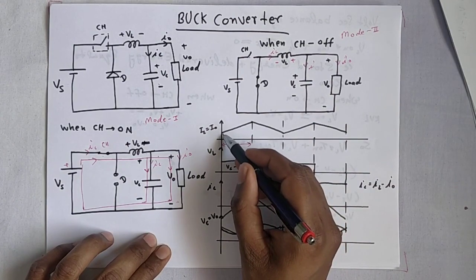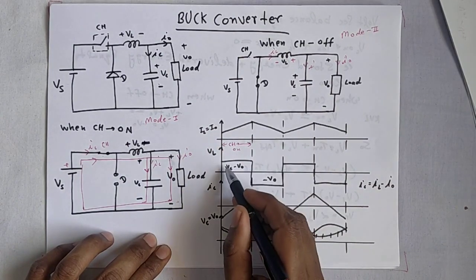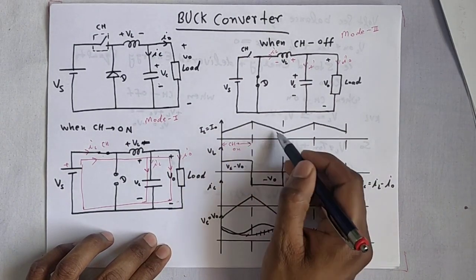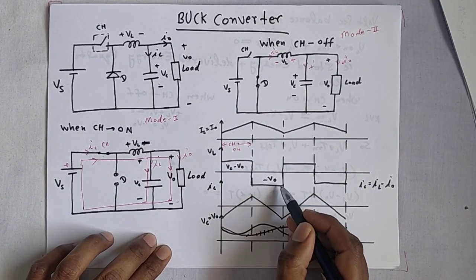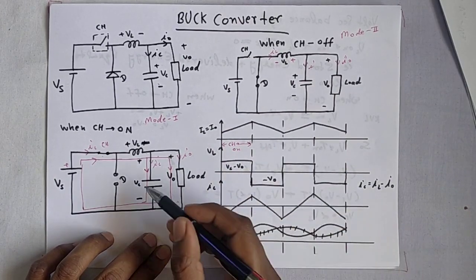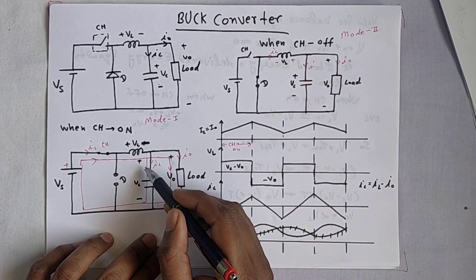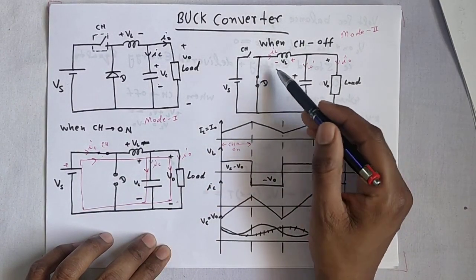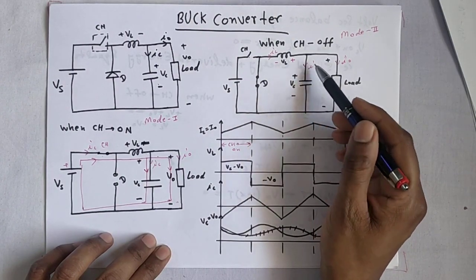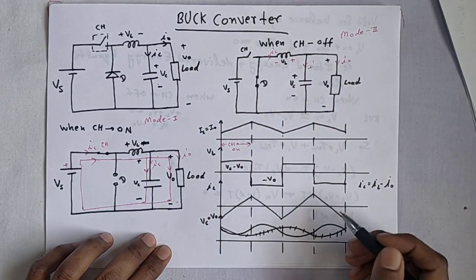When current is increasing, the voltage is positive. When current is decreasing, the voltage across the inductor is negative. You can say that during CH on, the inductor stores its energy, and during CH off, the inductor delivers its energy in the circuit.